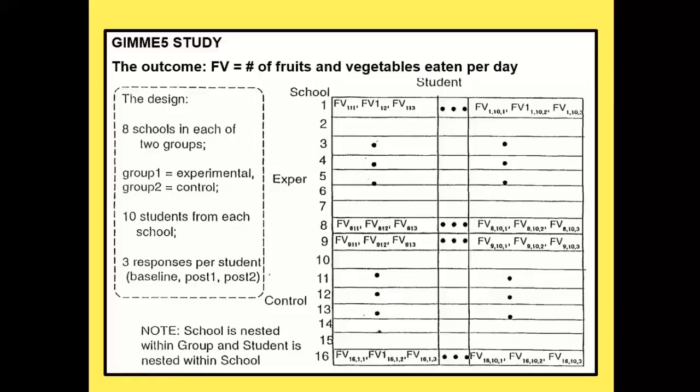And then within each of the 16 schools, 10 kids were sampled or drawn in some random way. I don't know if it was really random, but it's a real study. So there were 10, and I'm not sure in the study that you guys are doing whether that's really 10, but anyhow, there were 10 students from each school, and in this example, each of these 10 students were asked at 3 different times over 3 weeks how much fruits and vegetables they ate, some measure of how much they ate.